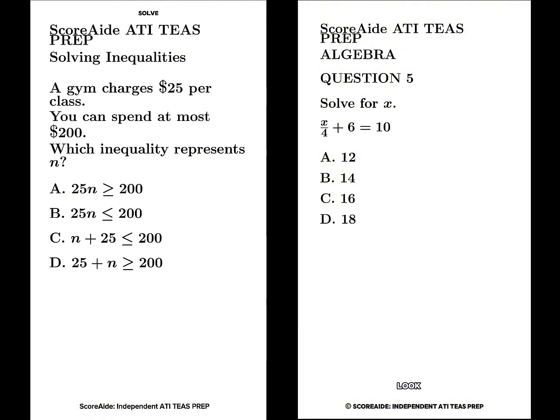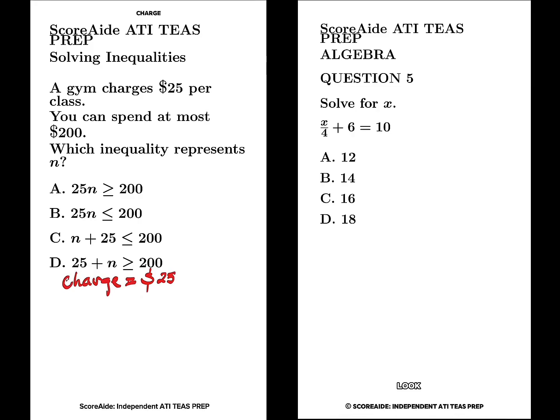Now, solve the inequalities. A gym charges $25 per class. You can spend at most $200. Which inequality represents n, right? Again, so the charge is equal to what? $25, right?